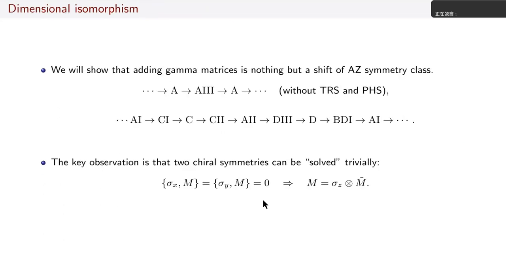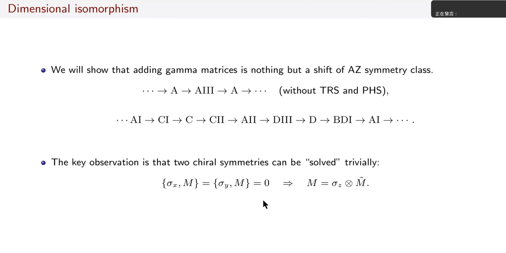This kind of technique is known as dimensional isomorphism in K-theory. So actually, adding a spatial dimension is the same as a shift of symmetry classes.